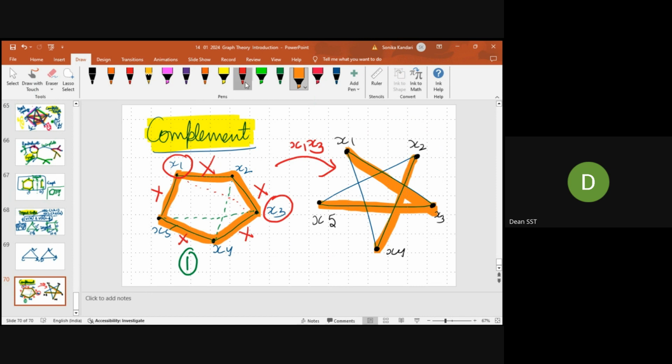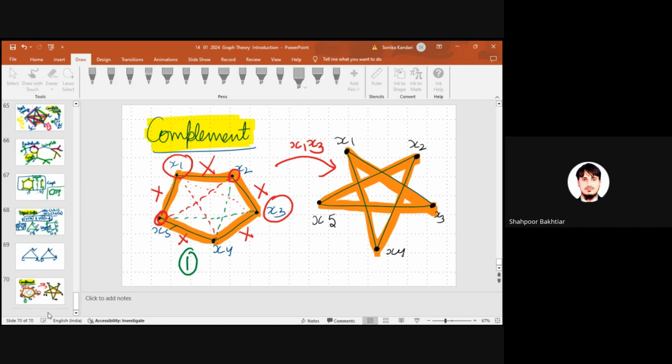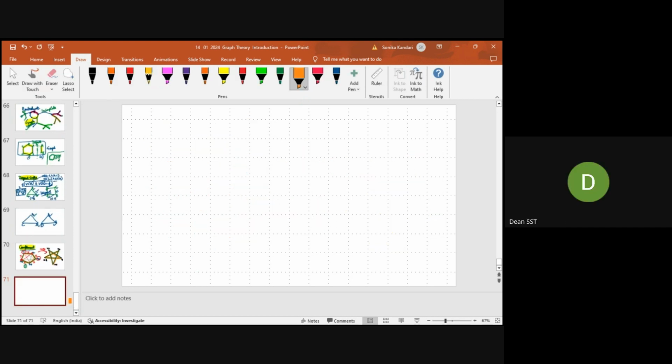X1 and X4 are not connected, but on the right hand side X1 and X4 are connected. Fine, is it clear? Here X5 and X2 are not connected, but on the right hand side X5 and X2 are connected. Is it clear?